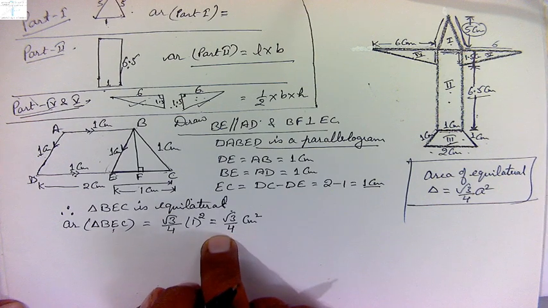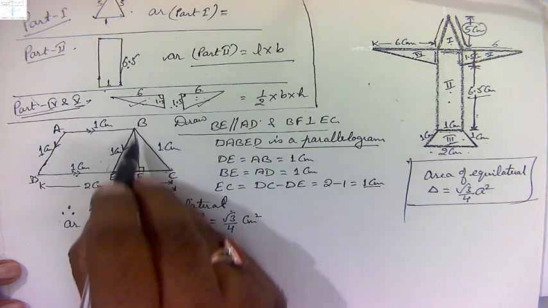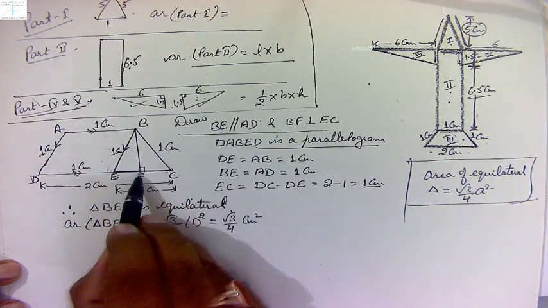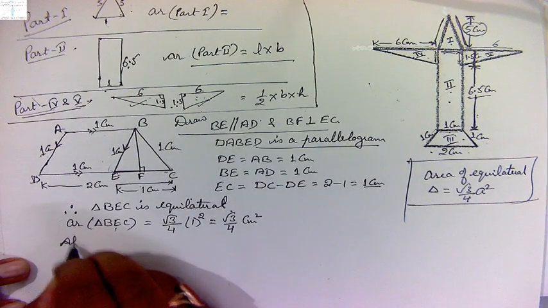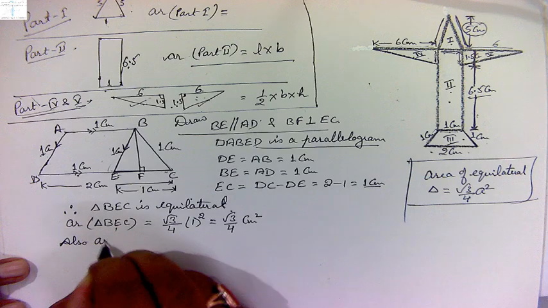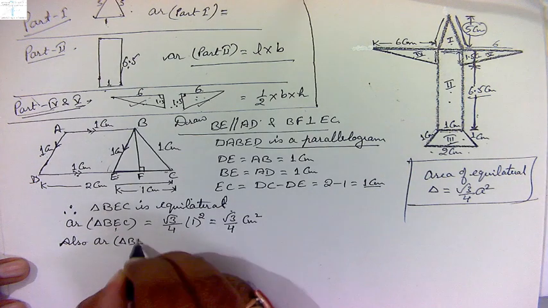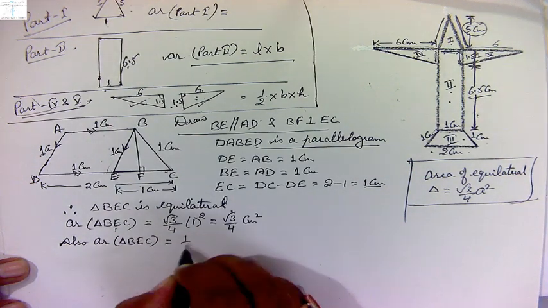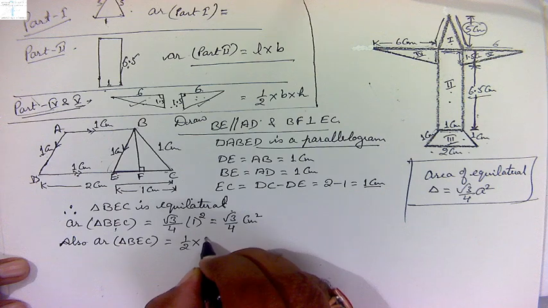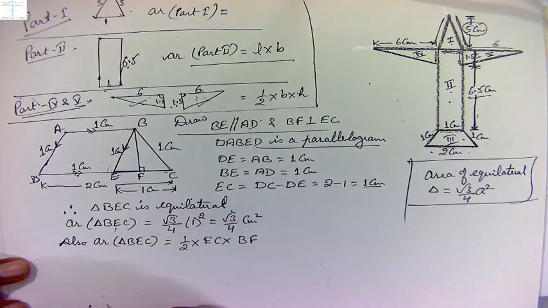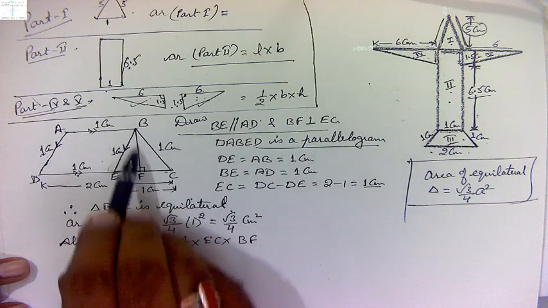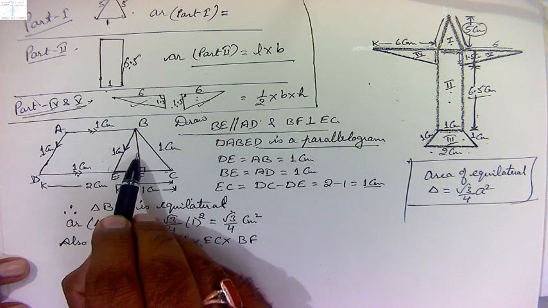Now once you get this area, in this triangle even BF is perpendicular to EC. So you can even use the alternate area, that is half base into height. Because we have drawn this perpendicular, so this is the altitude.